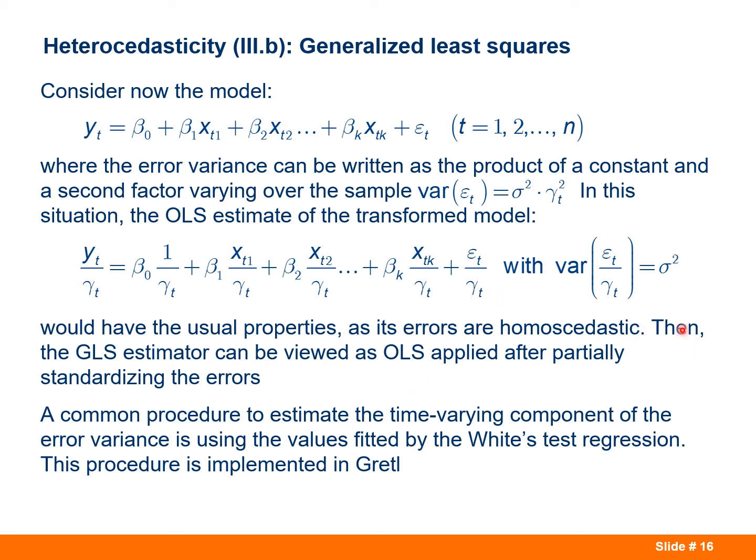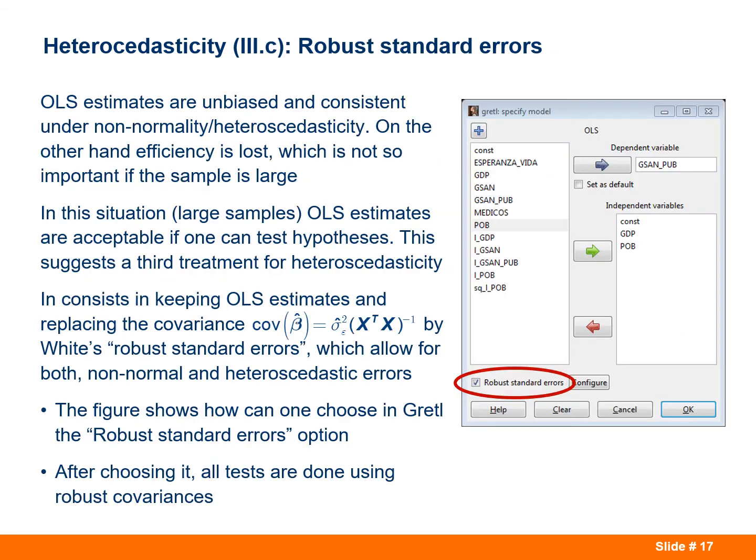A common procedure is to estimate this time-varying part of the error variance by using the values fitted by the White test regression. This procedure is the one implemented in Gretl. If you have a large sample, you can be comfortable with your OLS estimates, even if you have non-normal or heteroskedastic errors, because they are unbiased and consistent. In this situation, you can consider an alternative treatment for heteroskedasticity, which is using robust standard errors.